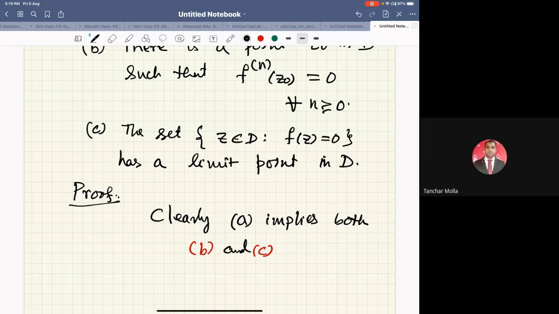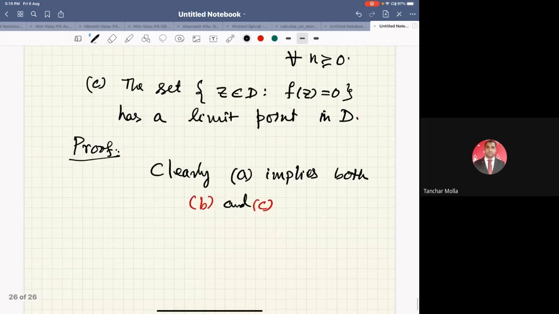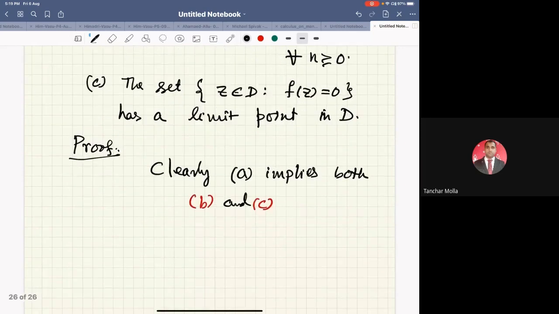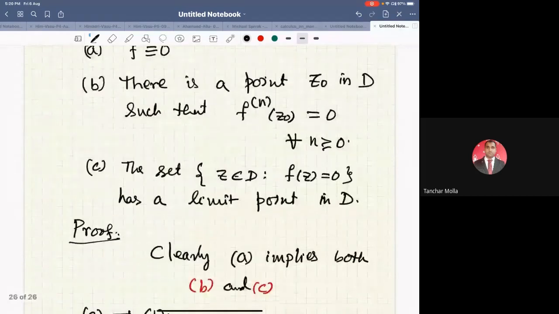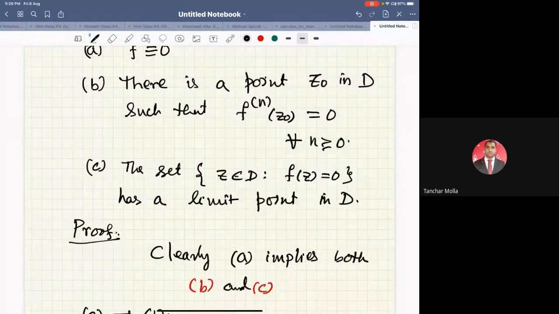Okay. So now what I want to prove is that the condition C implies B. What is the condition C? I have the set of all zeros of f which has a limit point in D, and I want to prove that f power n of z naught equals 0 for all n greater than or equal to 0.